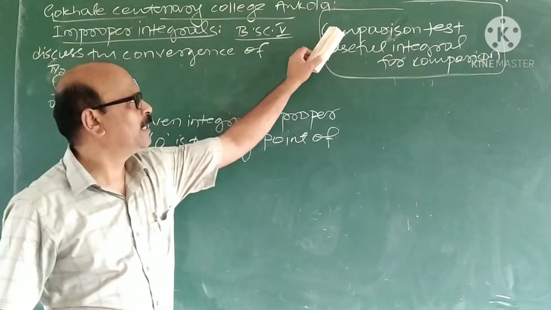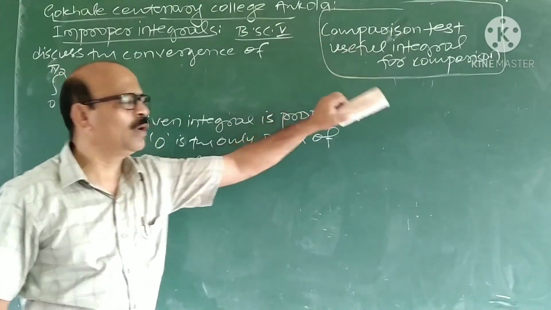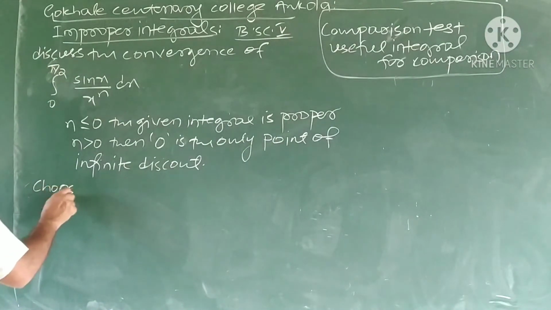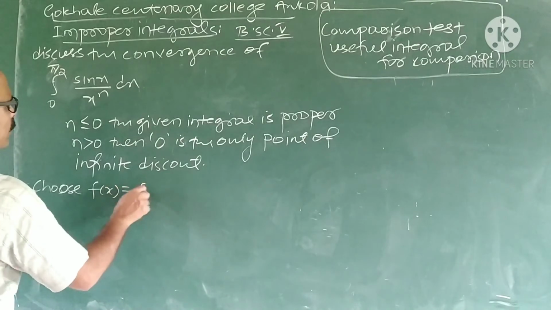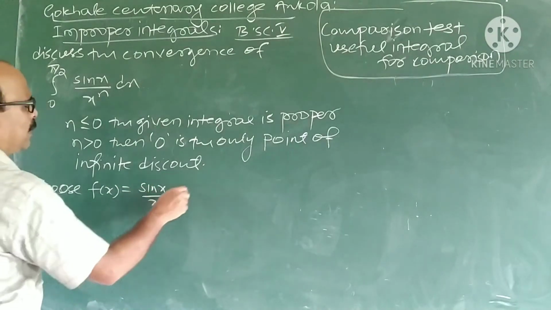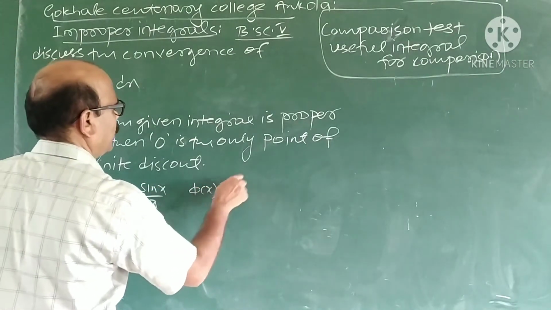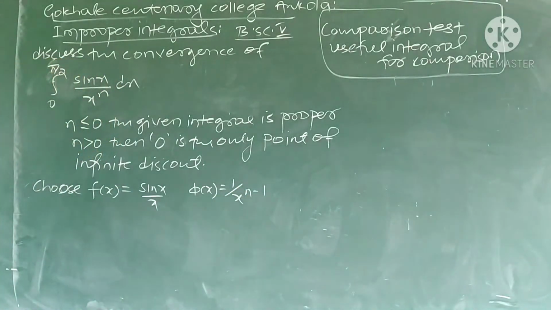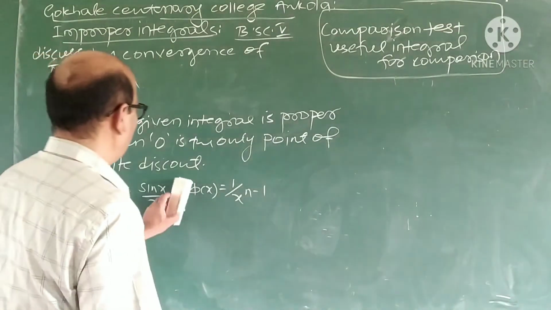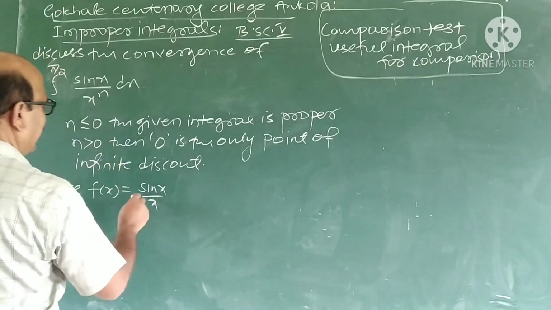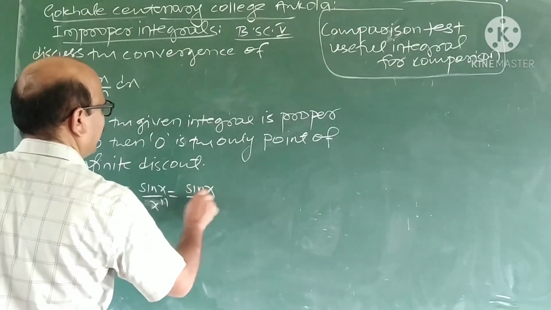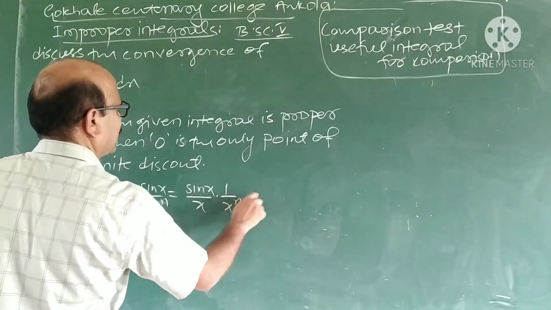Now we apply this comparison test and the integral for comparison. Choose f(x) equal to sin x by x raised to n, and phi of x is 1 upon x raised to n minus 1. We rewrite (sin x by x) raised to n as sin x by x into 1 upon x raised to n minus 1.